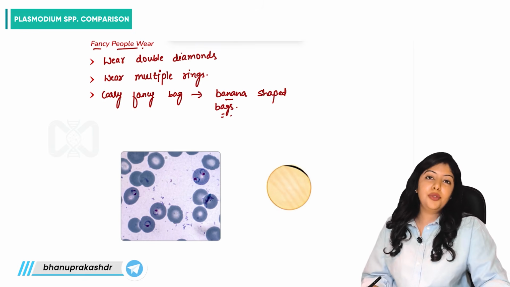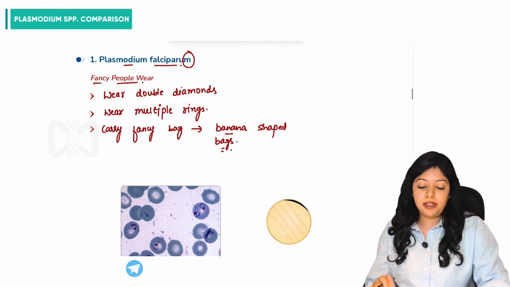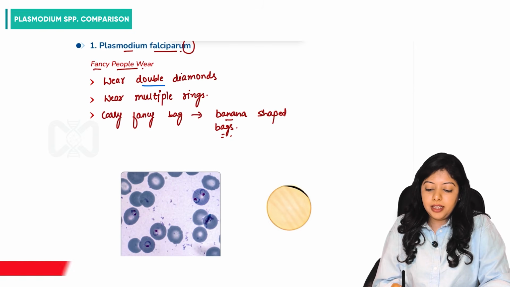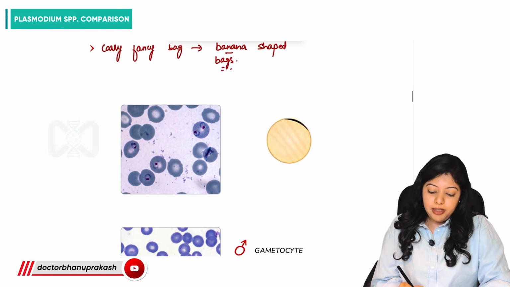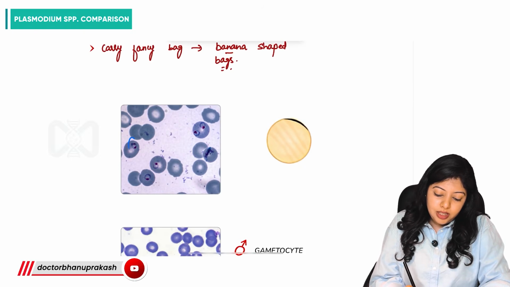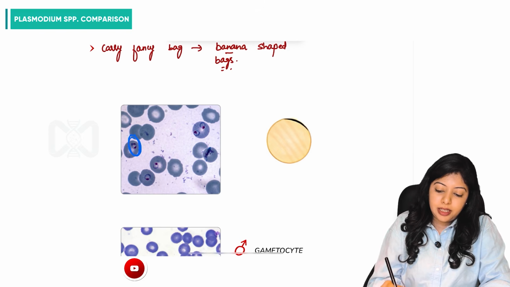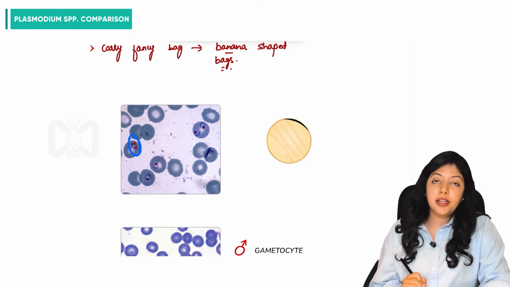Now let's see how we use this mnemonic for learning a lot of stuff for Plasmodium falciparum. So firstly, when we said they love wearing double diamonds in the rings, in the image, if you are able to see this ring, it has double dots, right?